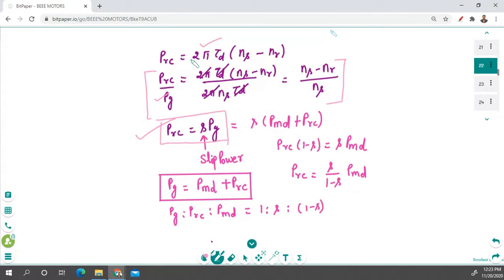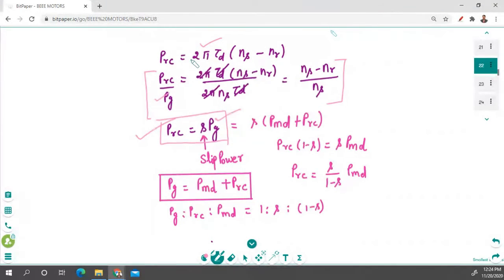Yes, okay. So this is the main formula right here for how you can calculate this Prc. And we can rearrange this equation to find multiple formulae. By putting in the value of the input power, but what is this Pg?